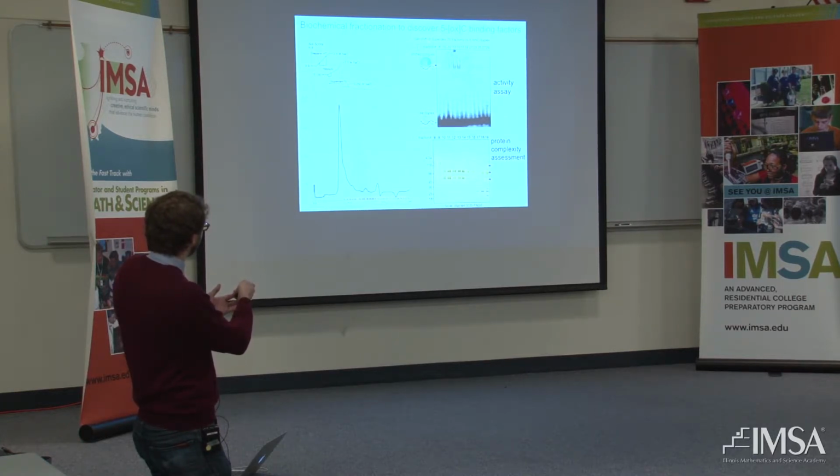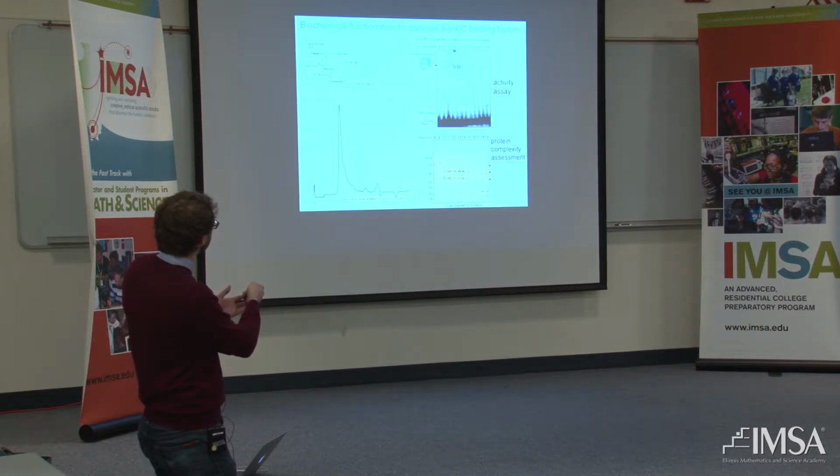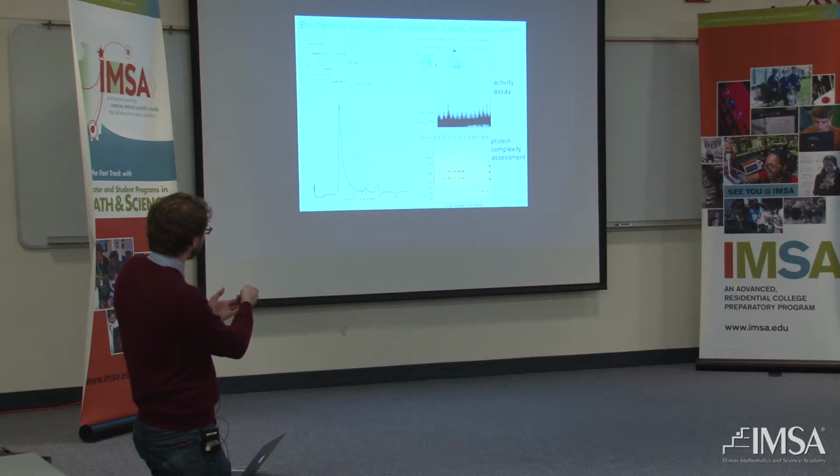So we incubate it with various fractions from these columns, so fraction 8, fraction 10, fraction 12, et cetera, and we look for the appearance of a complex. The complex manifests itself in a gel as a band with lower mobility than the free DNA. Actually, you can see two activities here; there's another faint activity at a different mobility.